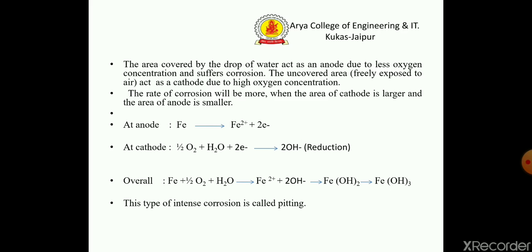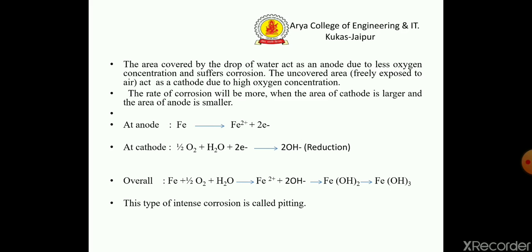At anode, oxidation will take place. If we take the example of iron, iron releases 2 electrons and converts into Fe2+. At cathode, in neutral medium, it accepts the 2 electrons and the reaction is half O2 plus H2O plus 2 electrons converting into hydroxide ions.